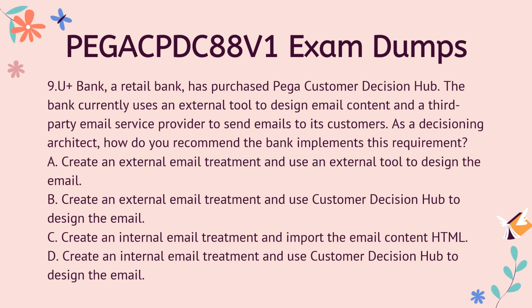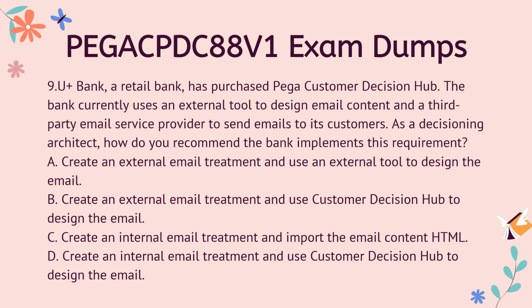9. U+ Bank, a retail bank, has purchased Pega Customer Decision Hub. The bank currently uses an external tool to design email content and a third-party email service provider to send emails to its customers. As a decisioning architect, how do you recommend the bank implements this requirement?